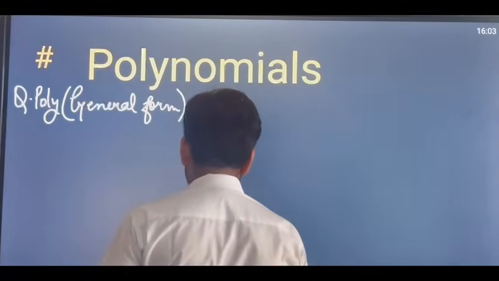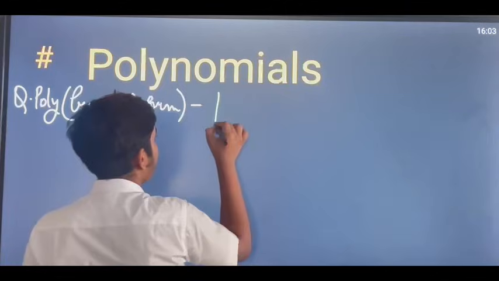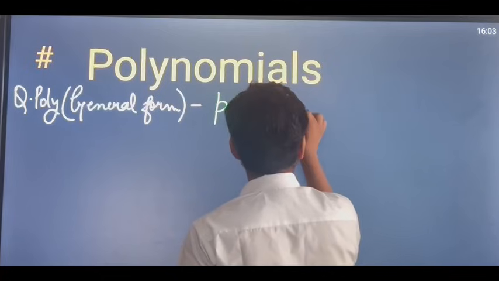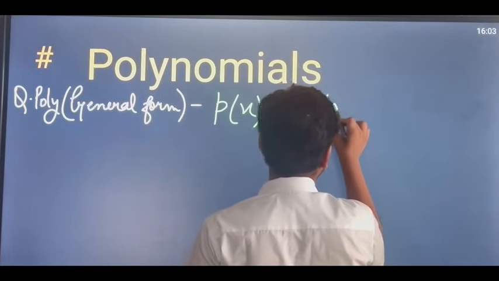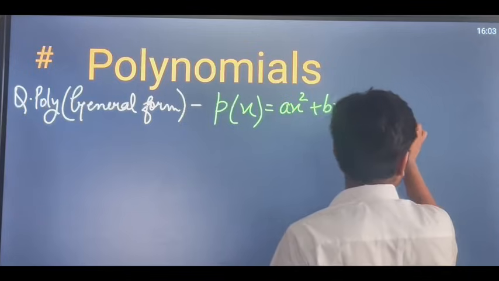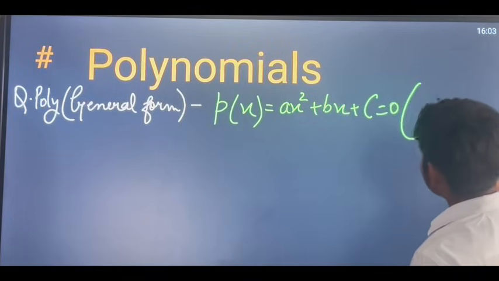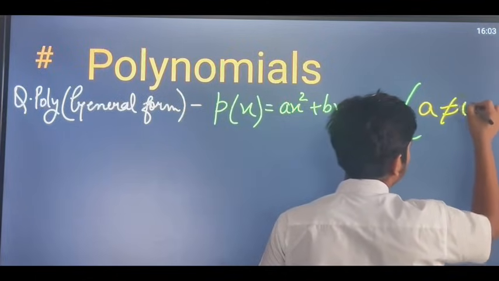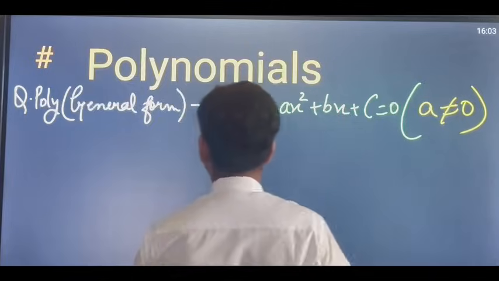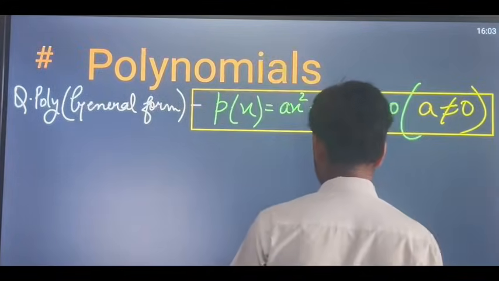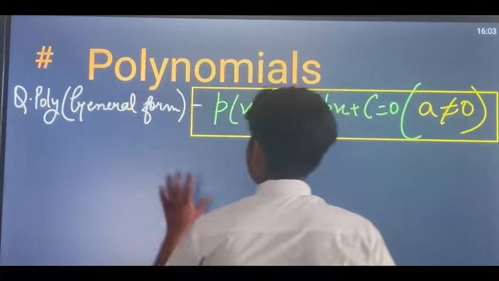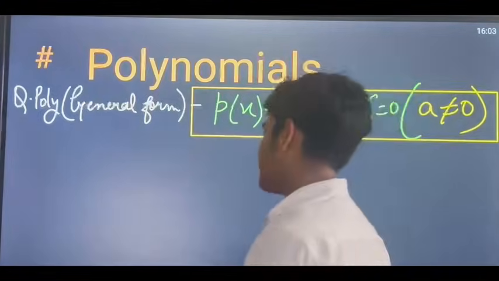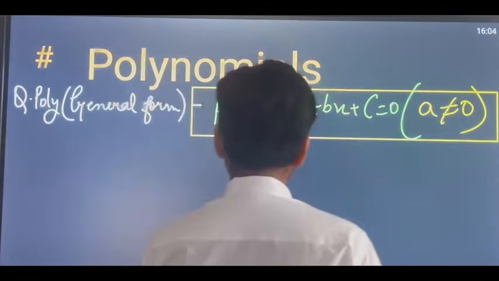In short, we write the quadratic polynomial in its general form: P(x) is equal to ax square plus bx plus c, equal to 0. Note it down, a is not equal to 0. The general form is P(x) equal to ax square plus bx plus c equal to 0, and a is not equal to 0.